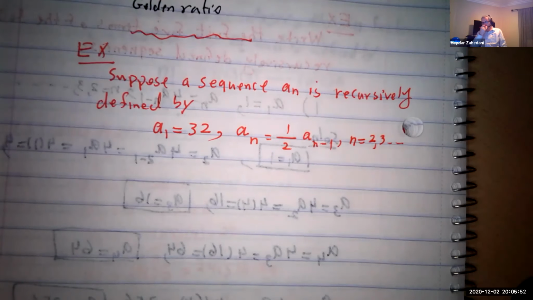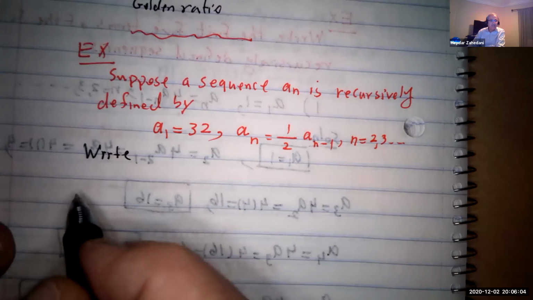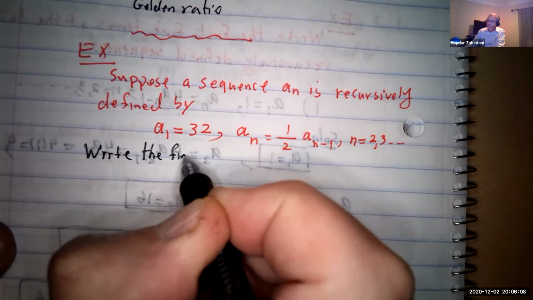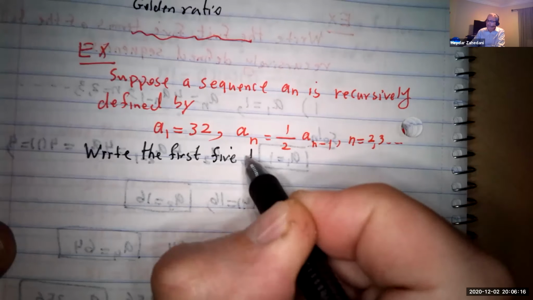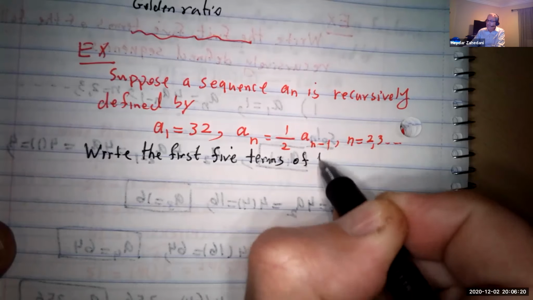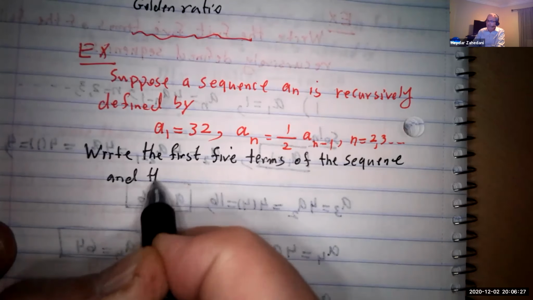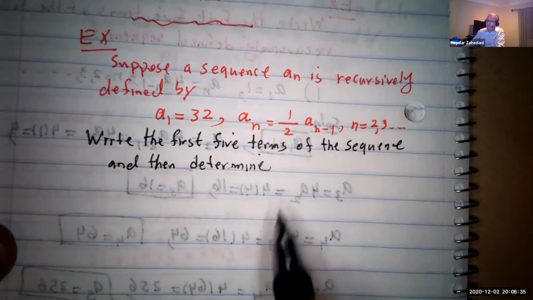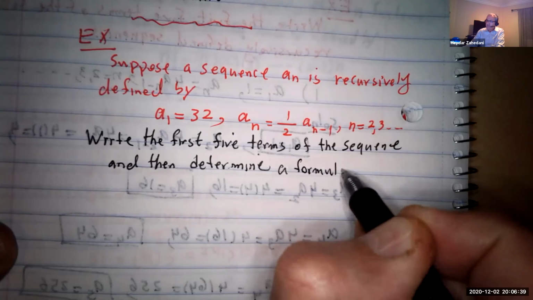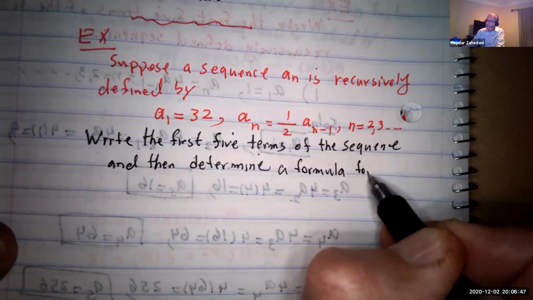Then they ask you to write the first 5 terms of the sequence, and then determine a formula for an.